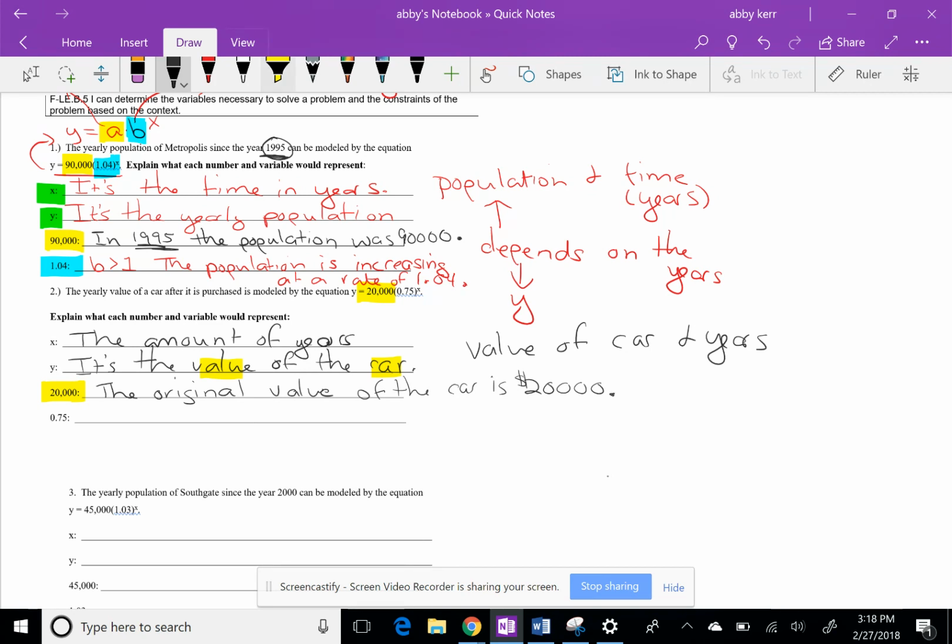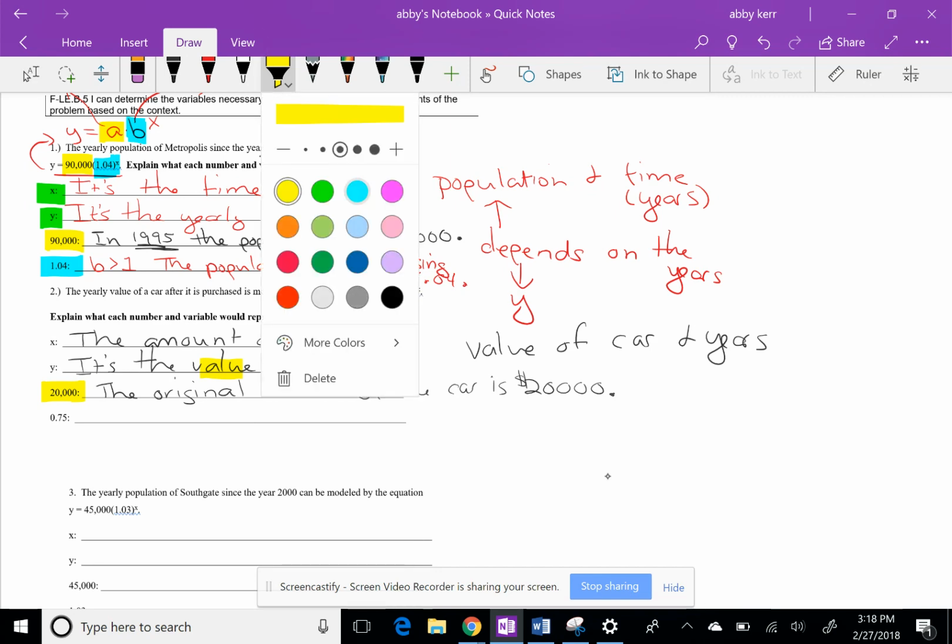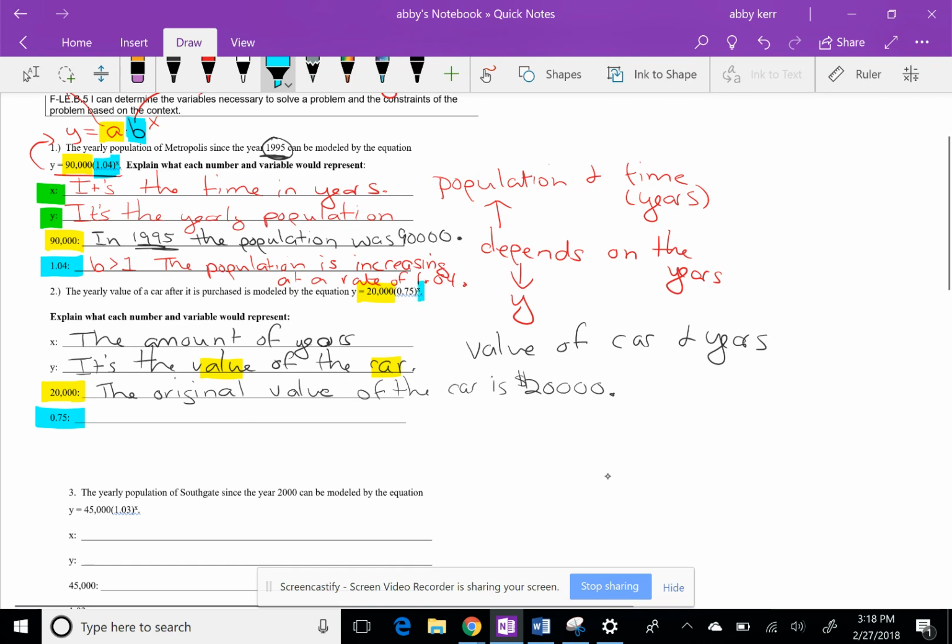And now if you look at our b value, which remember is the one that's always next to the x value, you will notice that our b value is actually between 0 and 1.